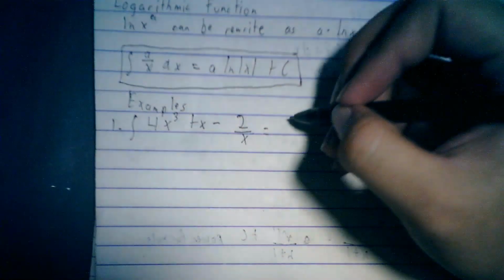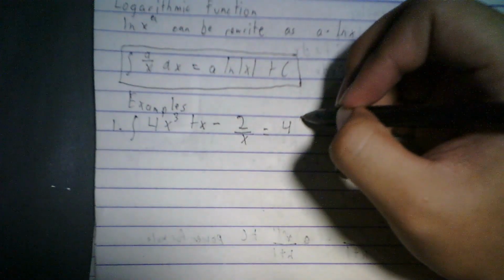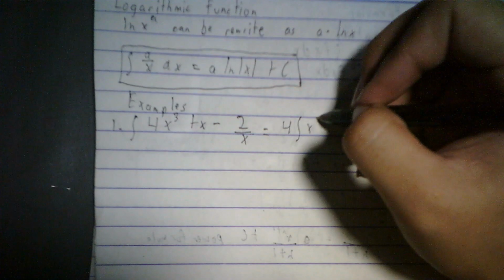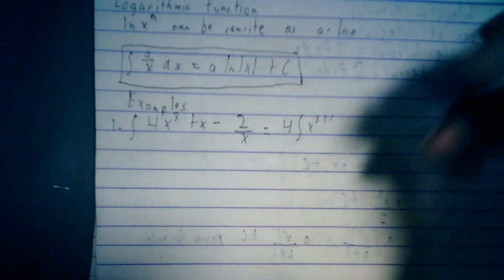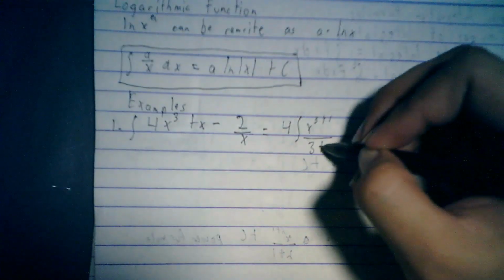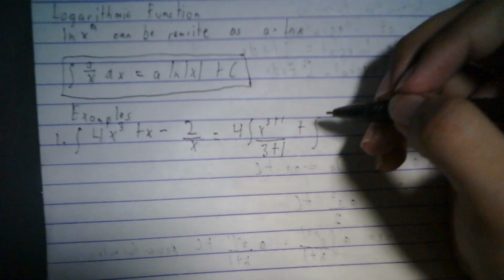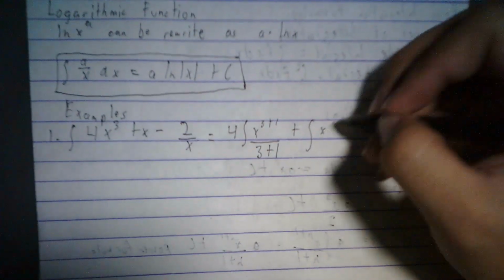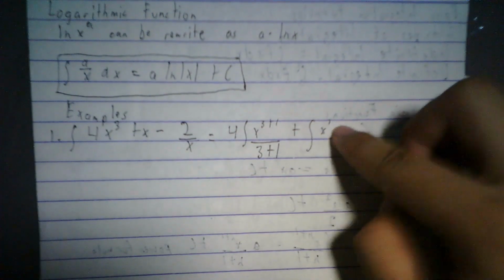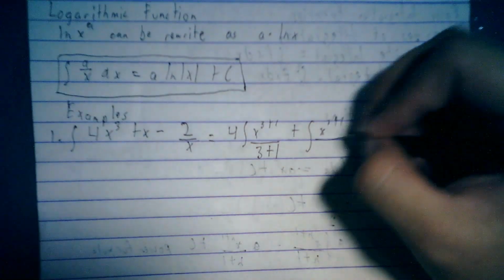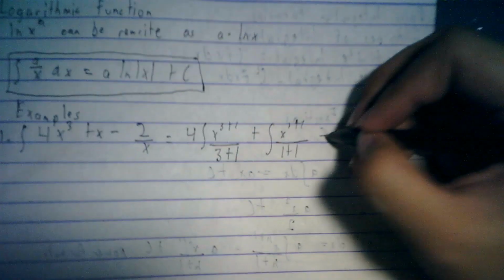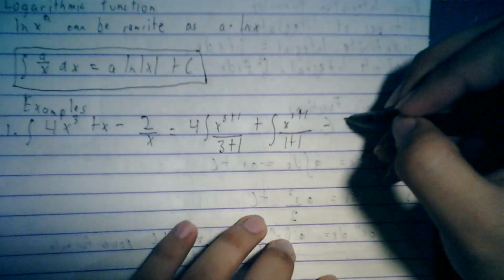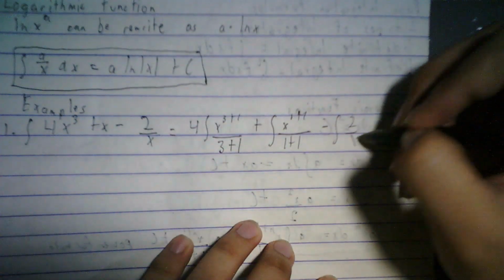It equals 4 times the integral of x cubed, plus 1 since its exponent is 3, so 3 plus 1, plus the integral of x, 1 plus 1 since the exponent is 1, over 1 plus 1, minus 2 integral of 1 over x.